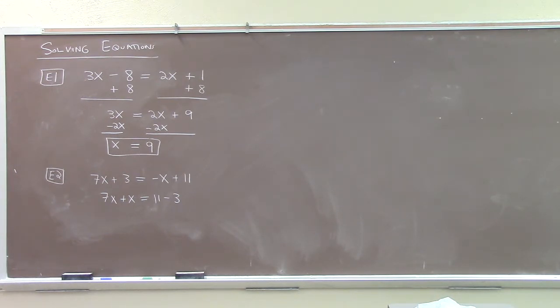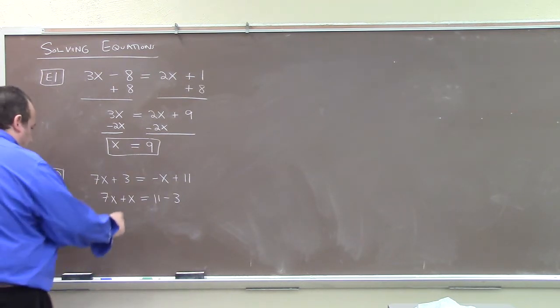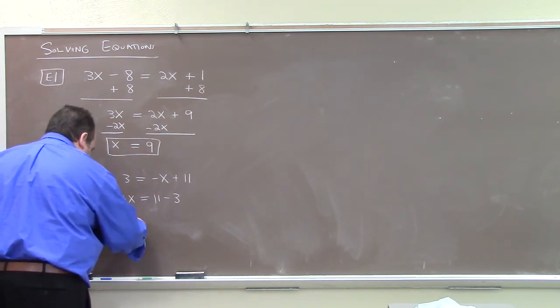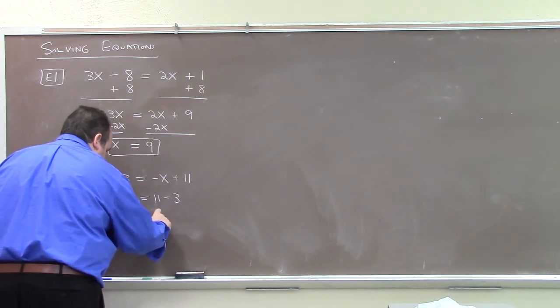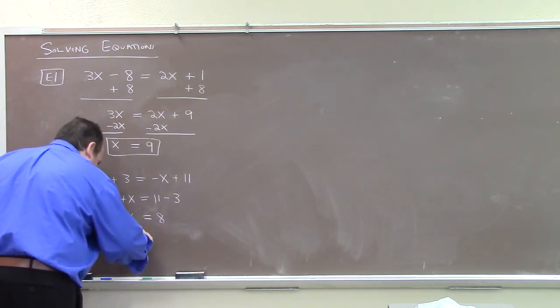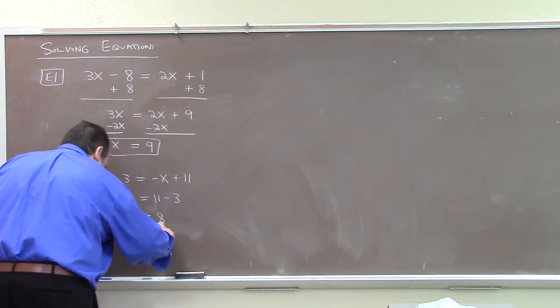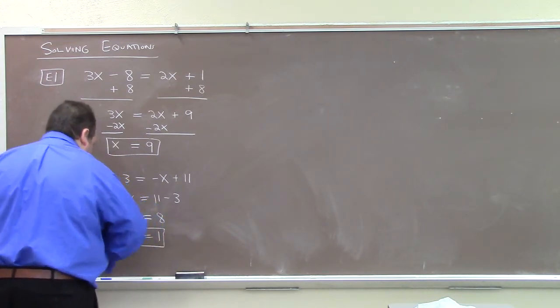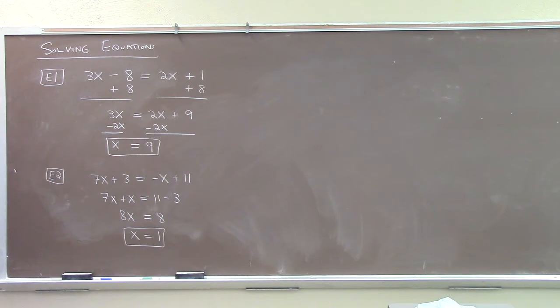Which then, we get 7 plus 1 is 8, so we get 8x equal to 8. Whoa, cool. I just made this up. To get the answer being 1, that's messed up. So 8 over 8, right? So divide both sides by 8, we get x equals 1.